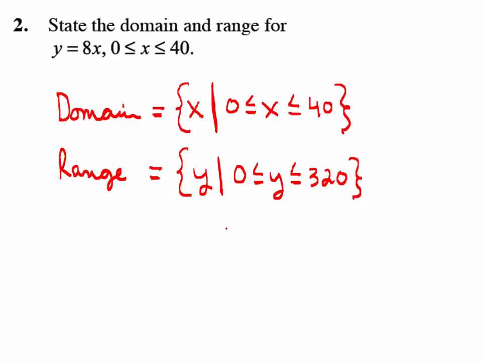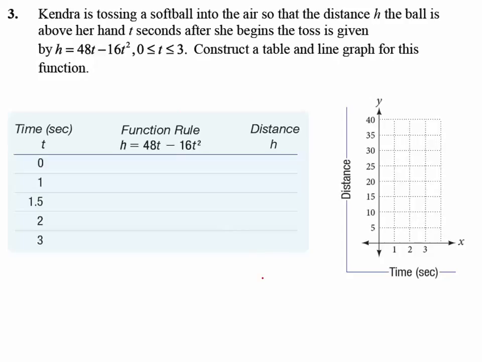Okay, let's do a few more things here with this whole concept of function. Let's go with tossing a softball into the air, and let's not do linear stuff, let's do something different.